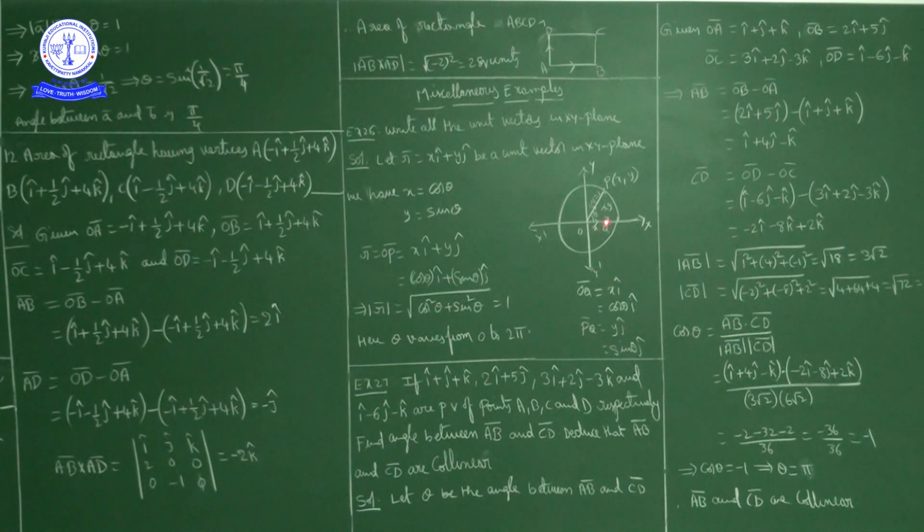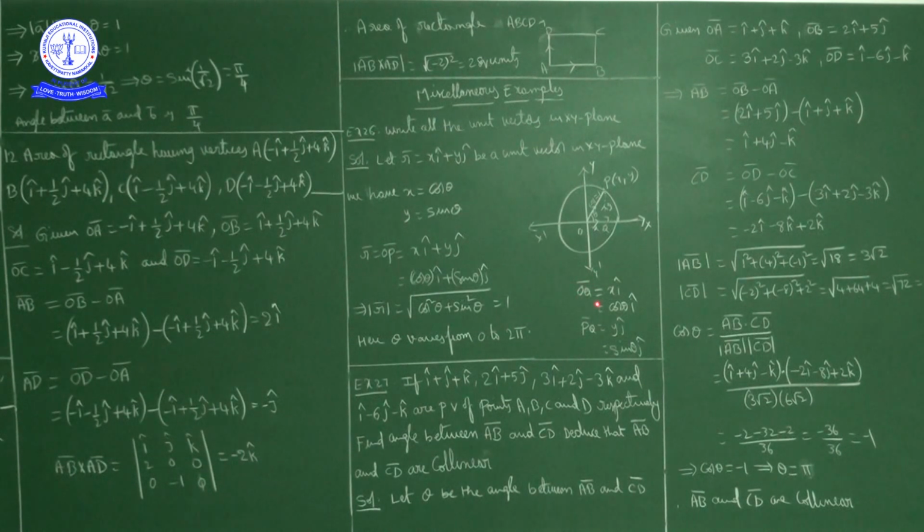OQ bar is equal to x i cap, because along x axis unit vector is i cap, along y axis unit vector is j cap. If you drop a perpendicular from point P, x comma y, OQ bar is x and PQ bar is y.